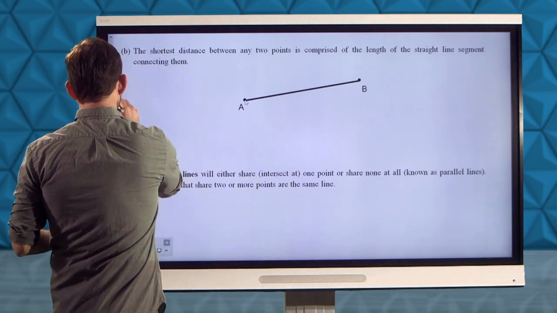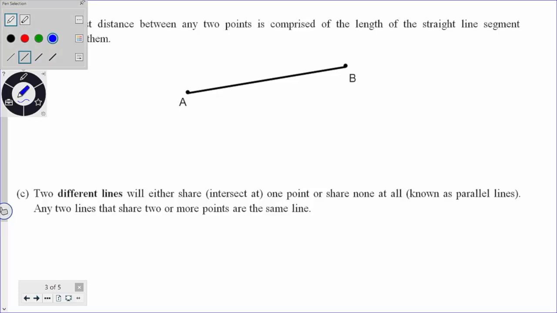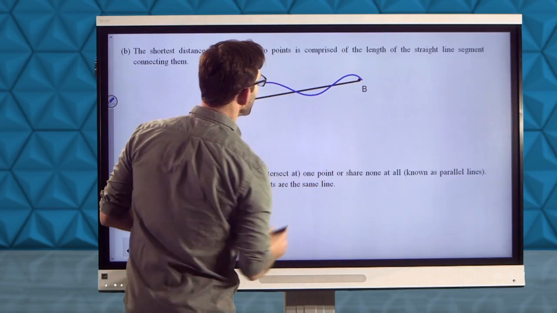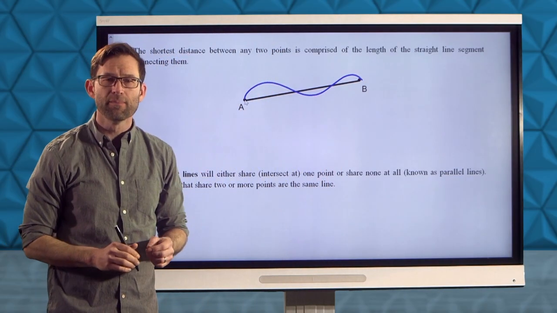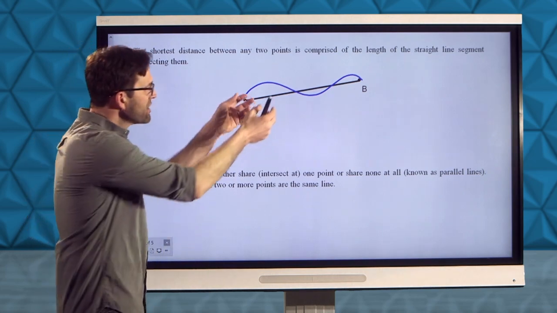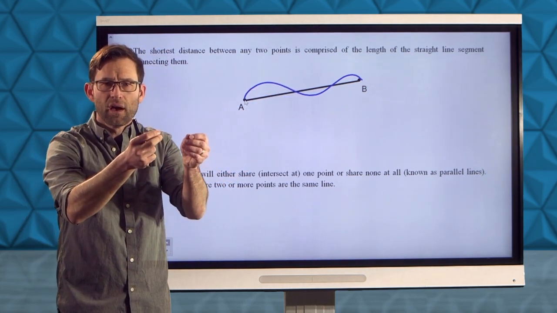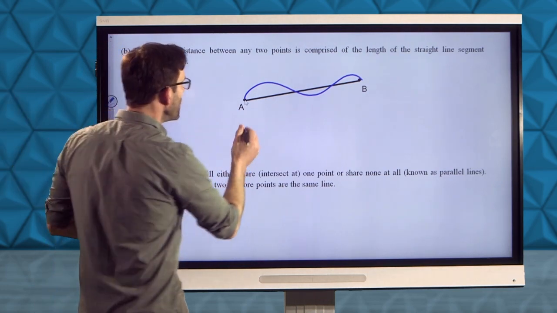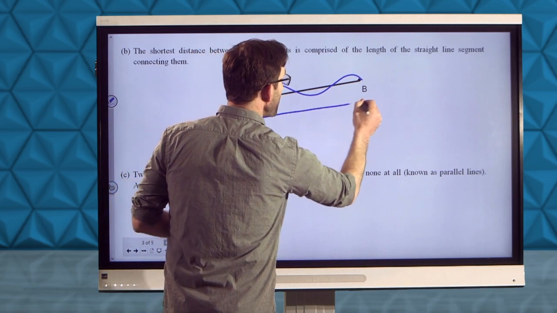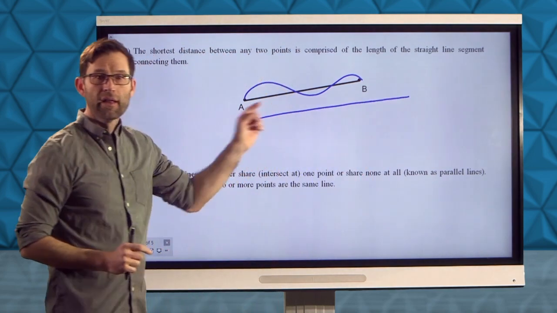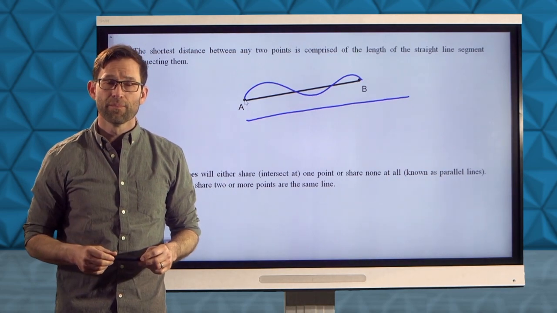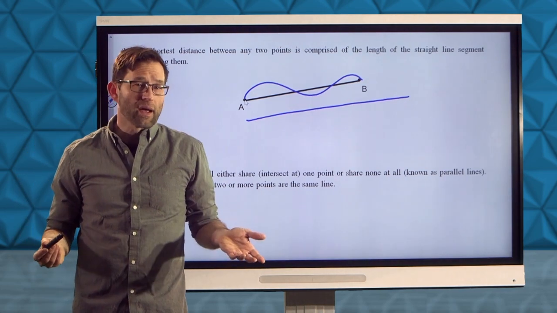And again, think about it for a moment. If we then tried to connect A and B with anything else, besides that straight line segment, intuitively we just get this sense that if I took that piece of string and stretched it out, it would end up being longer than the straight line segment that I originally used to connect A to B. And yet again, how do we actually prove that?